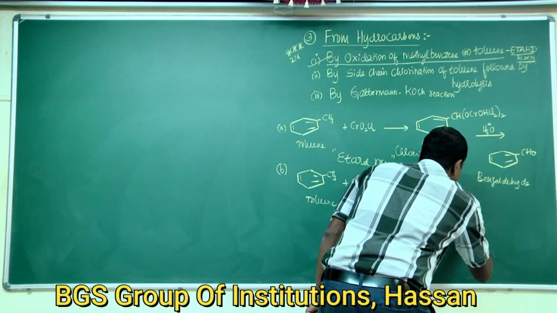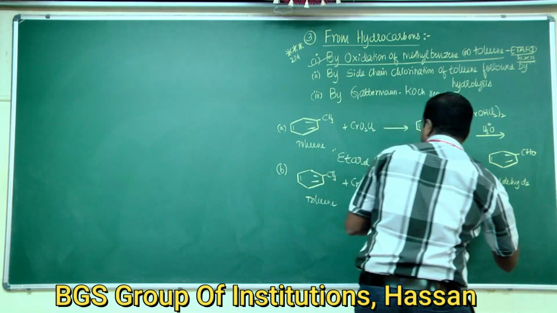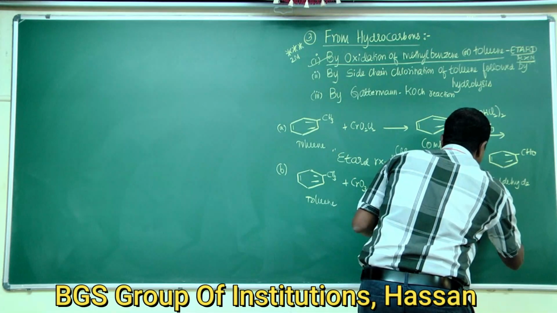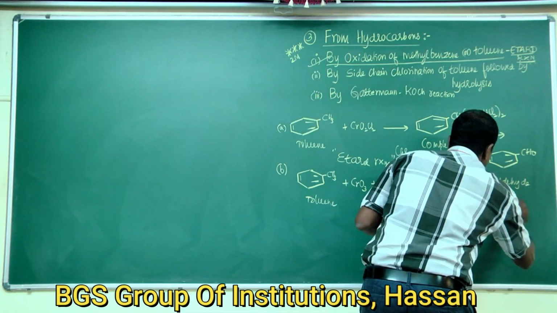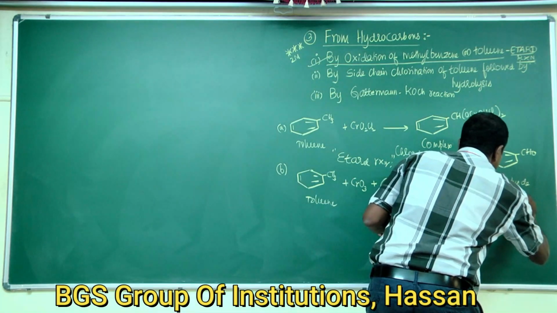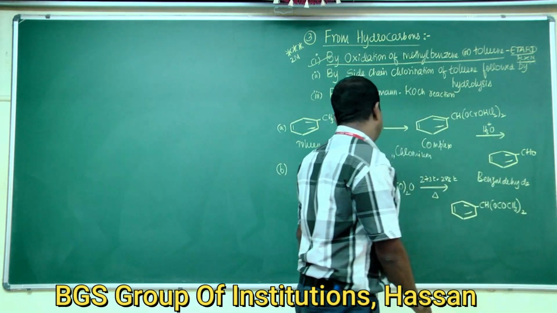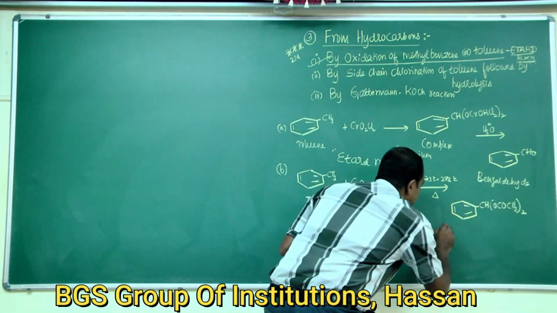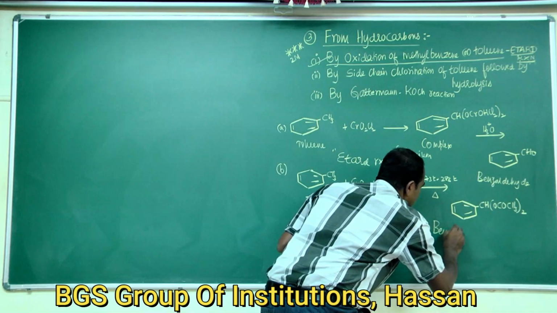That structure is a benzene ring connected to CH, CO, CH3 twice. This is benzaldehyde diacetate.